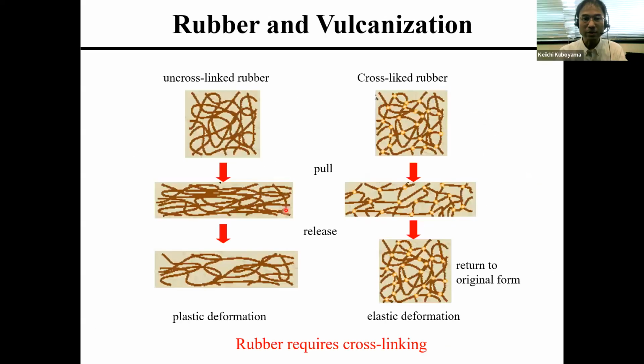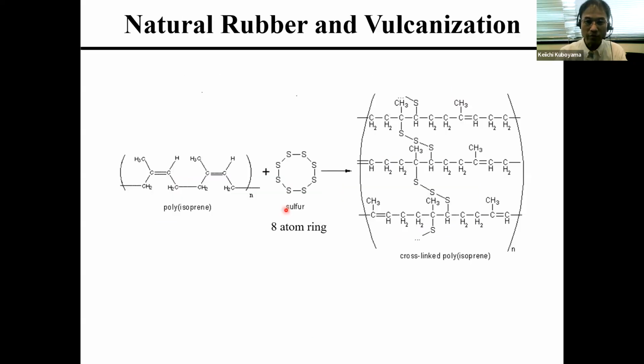When you think about rubber materials for applications, you have to cross-link the rubber. In the case of isoprene, you can use sulfur to cross-link chemically.